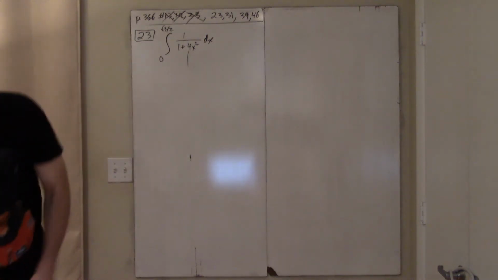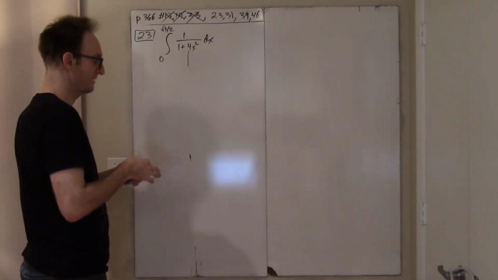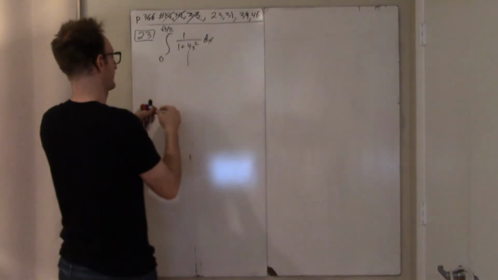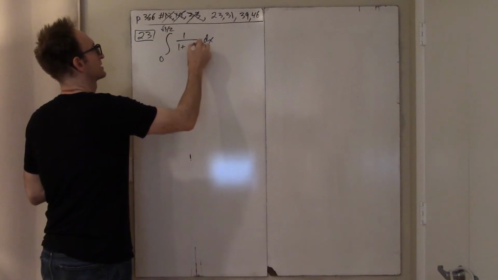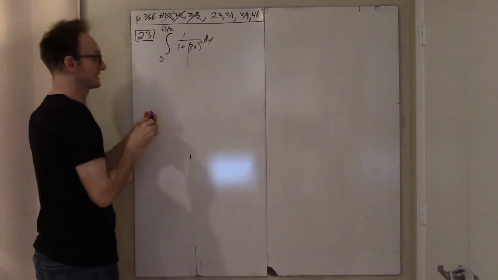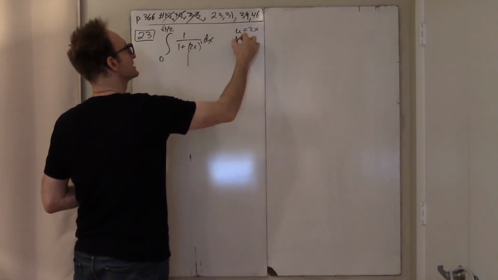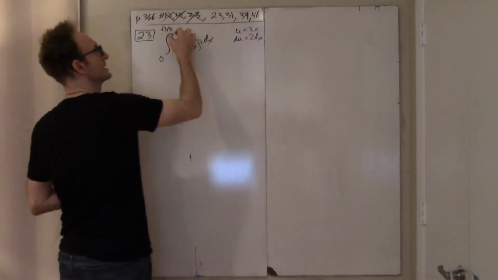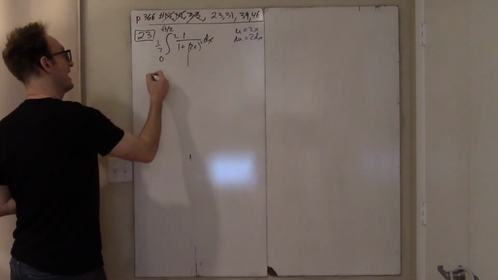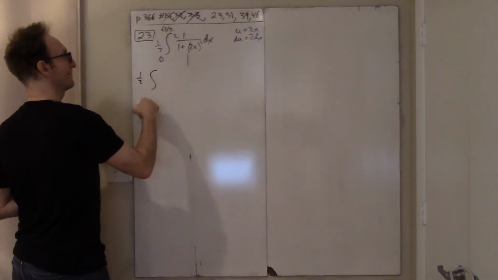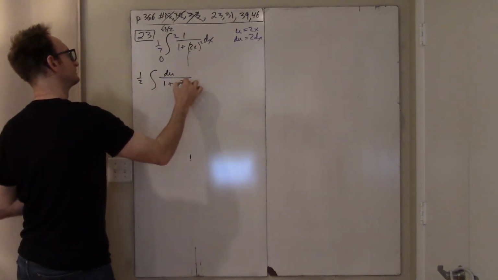Well, this to me is screaming arctan, because this 4x squared is really just (2x) squared. So u is 2x, then du is 2 dx, so I need a 2 in there, so I stick in the 2, I undo the damage, and now I have 1/2, and now 2 dx is just du over 1 plus u squared.